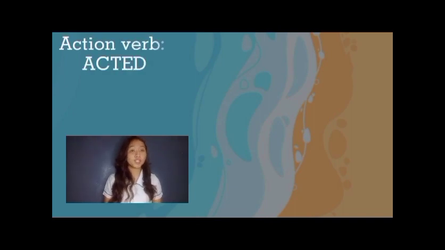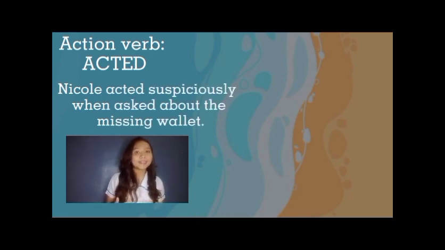So let me show you how an action verb is different from a linking verb. Let's use the word acted. So the sentence is, Nicole acted suspiciously when asked about the missing wallet. So you might ask, how is this considered an action verb even when it links the subject Nicole with a noun or an adjective that describes that subject?